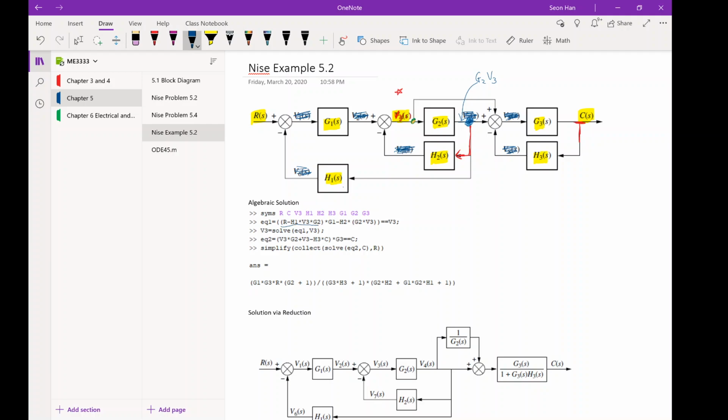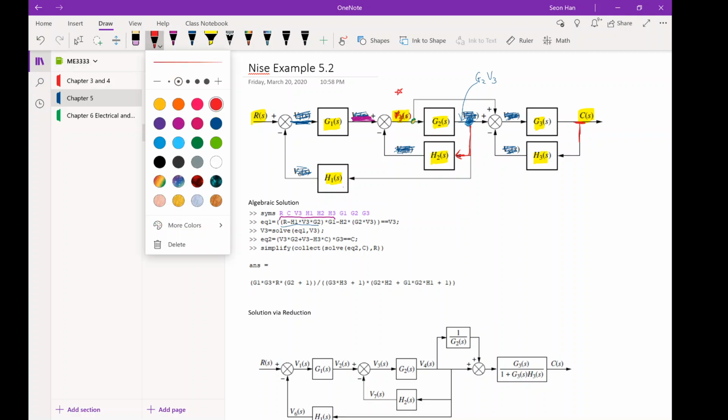This is this line right there. Now I'll change the color, and up to here, multiply by G1. That's right here. What color can I use now? Orange. How about orange?